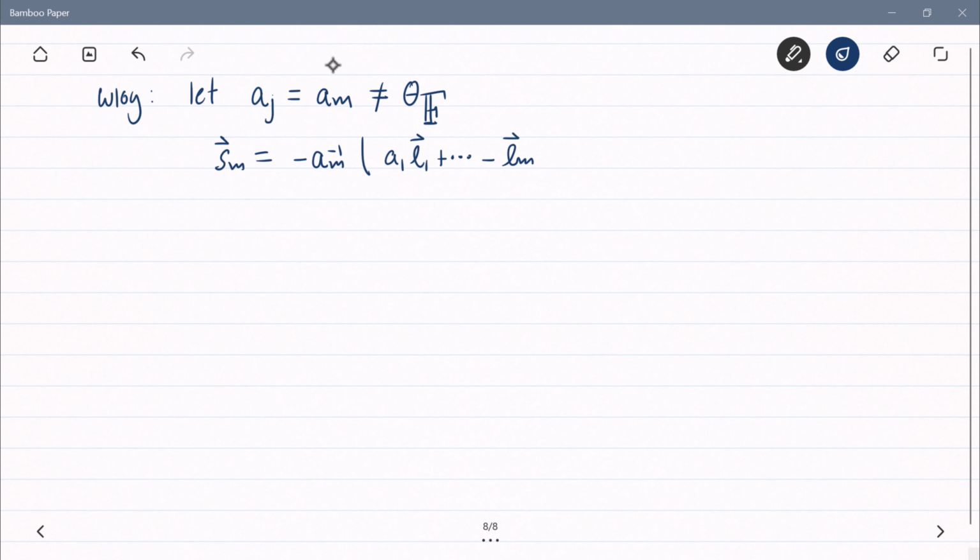And we will have plus A sub m+1 S sub m+1 plus dot dot dot plus A sub n S sub n, which obviously implies that it belongs in the span.